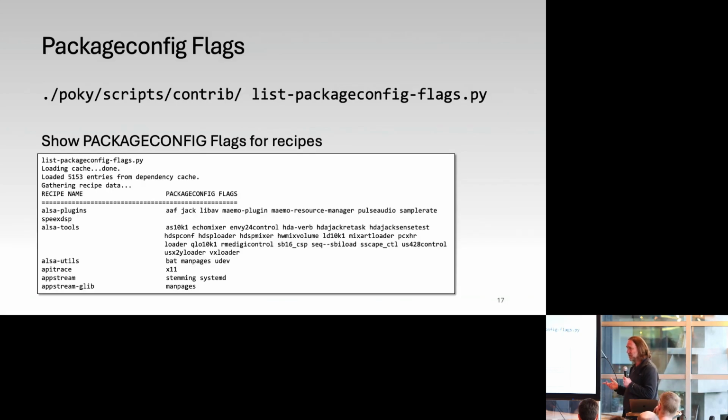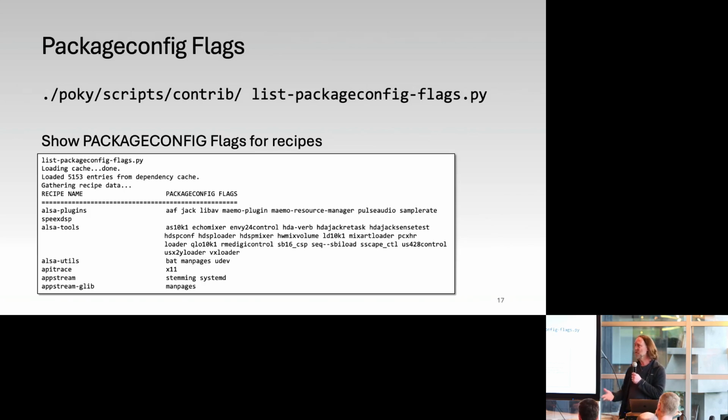Another interesting one that I found is the package config flags. So again, you've got all of these recipes, and sometimes you're interested in what are the options I've got with them, with the package config. Now you can either go in and have a look at each of the recipes, or you can just have a look at the list package config flags as a little script, and it will return all of the recipes with all of the options.